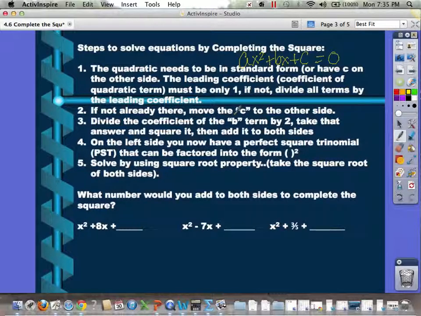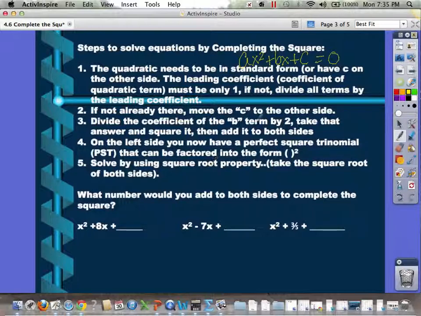Divide the coefficient of b, which is the linear term, by 2, just like we did before, and then take that answer and square it, and then add it to both sides. On the left, you're now going to have your PST, or your perfect square trinomial, that you can factor with the parentheses and something squared. By solving with that, you're going to be using the square root property, which means you'll take the square root of both sides to solve for x.